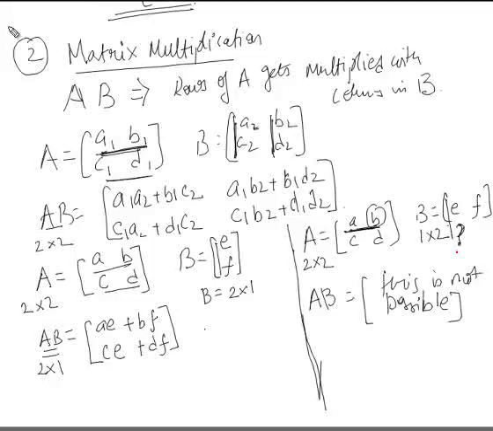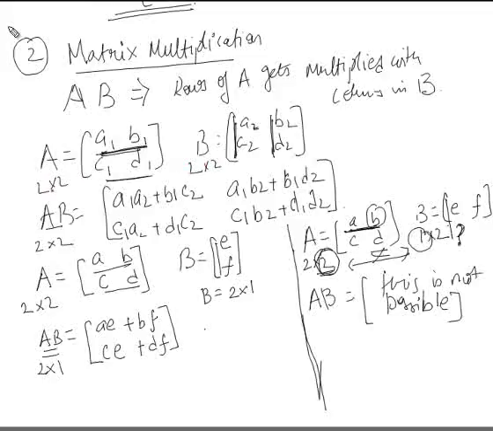Because here I have 2 columns, 2 rows, 2 columns. I multiply the rows with columns. That means the number of columns here and the number of rows here are different. They are not the same. I was able to multiply A and B earlier because A is a 2 cross 2 matrix, B is a 2 cross 2 matrix.